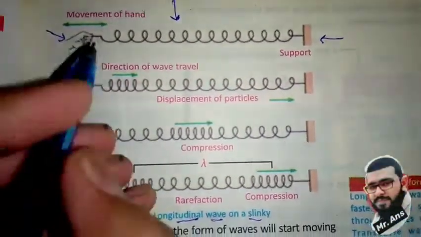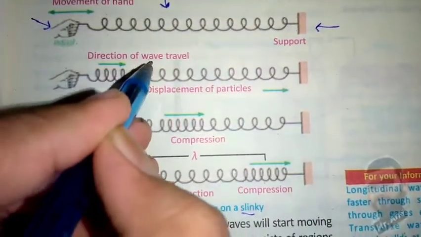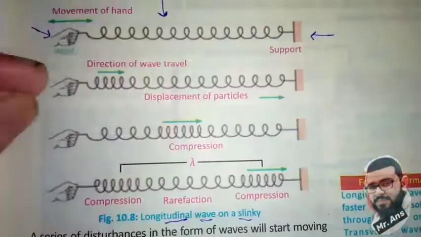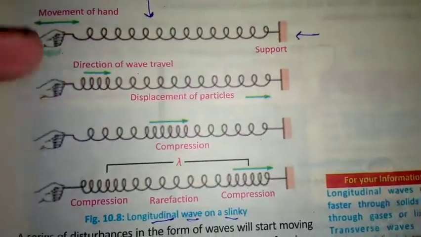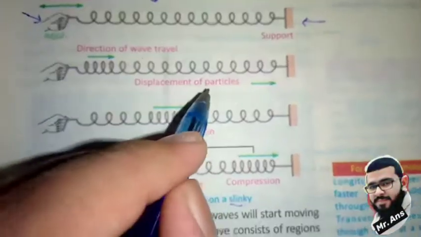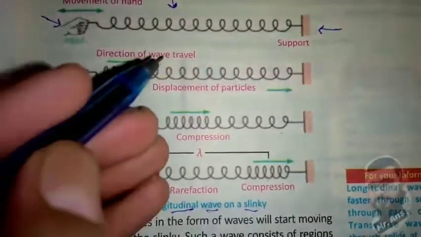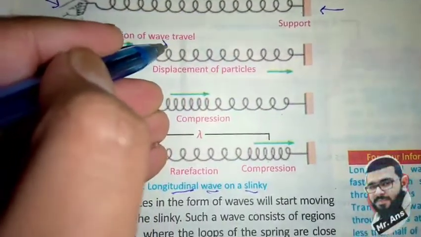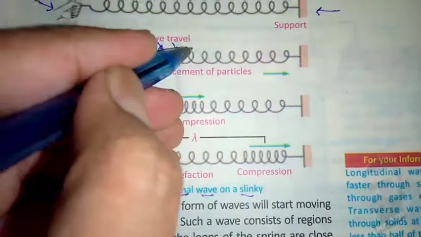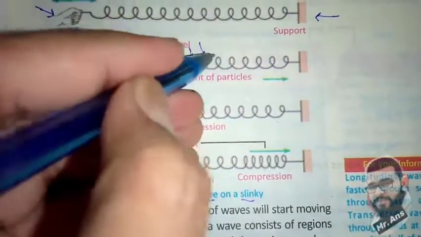So we have to see the direction of the wave. If you are shaking this, the direction of the wave is going forward. Displacement of particles, and these are the particles. You can see how much displacement these particles are going to cover.